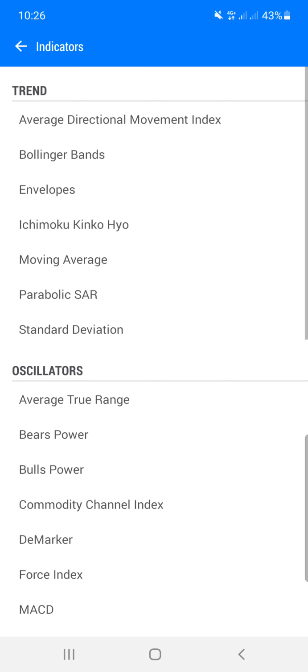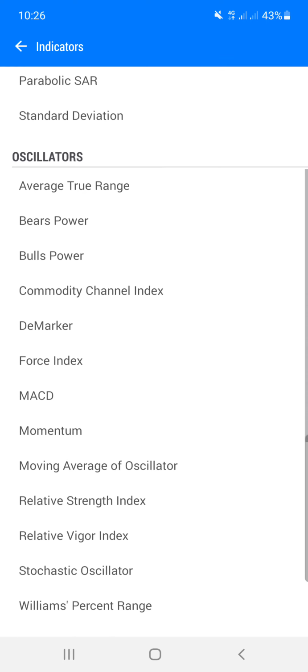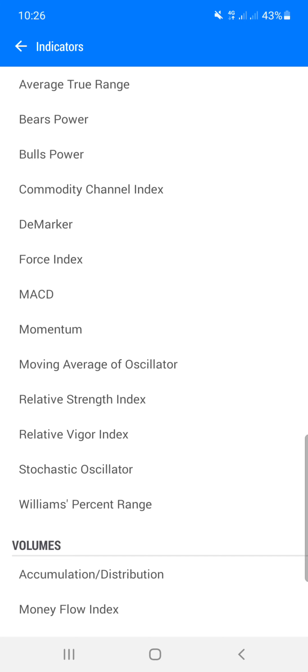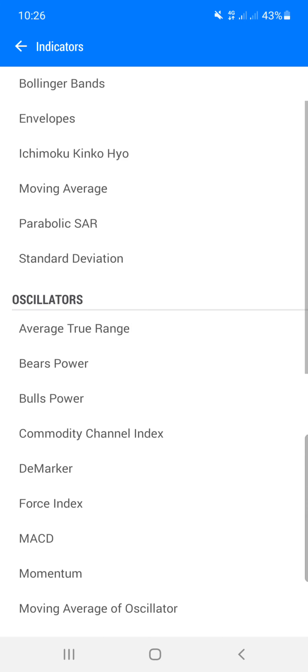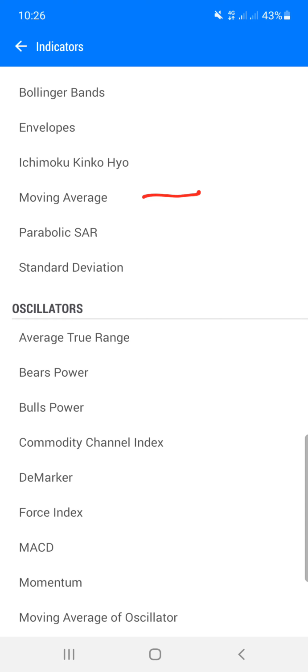When we click on this, we scroll through to see moving average. Now see moving average here, so we click on it.